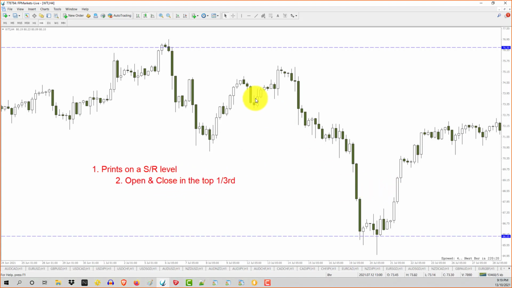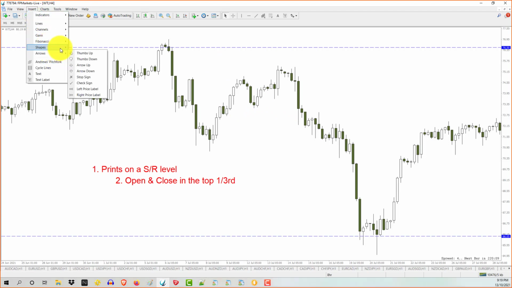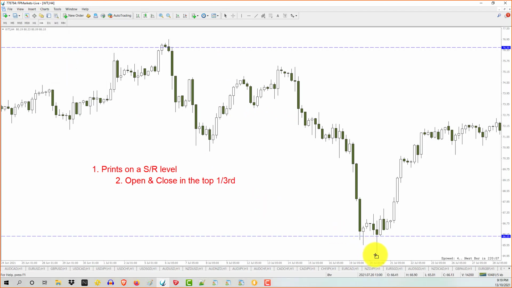Then you want to have some space or some room to the left, which we certainly have on this one. And we could look for some live ones, actually. We could go and look at the 1-hour charts and see if we can find some live ones right now. There's one right there. You can see it's got nice space.